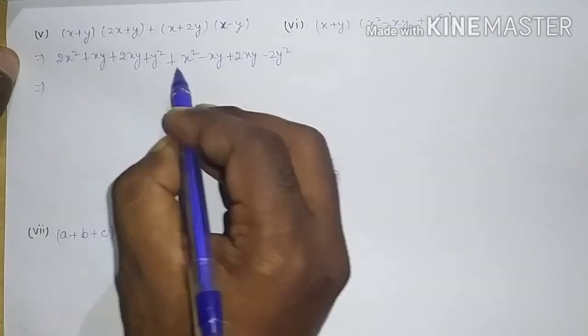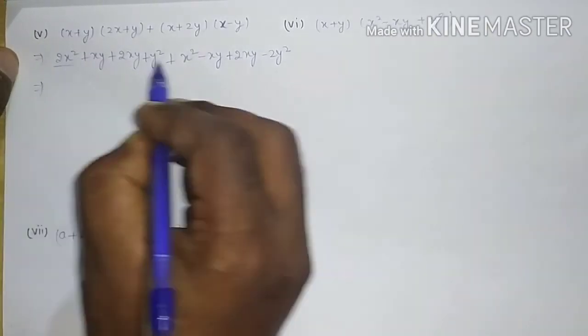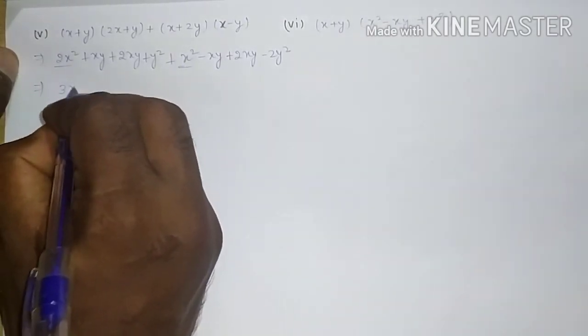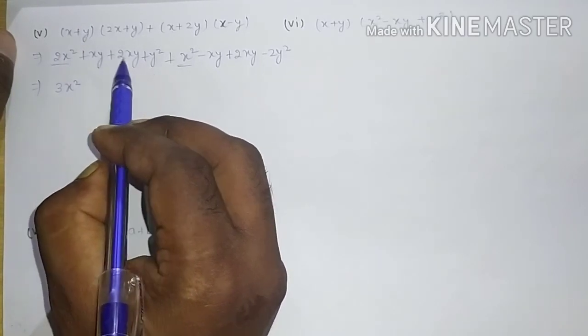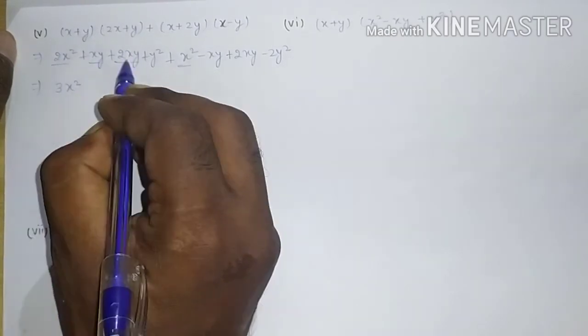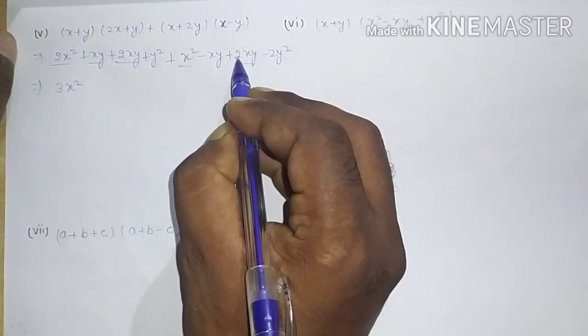2x square and x square, these two terms will be added, so 2x square plus x square will be 3x square. xy plus 2xy, that will be 3xy, and this is also 2xy. 3 plus 2, that is 5xy.